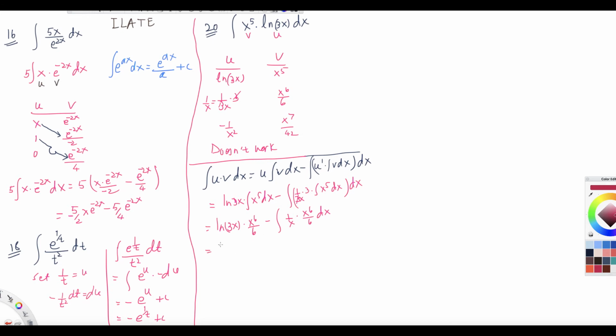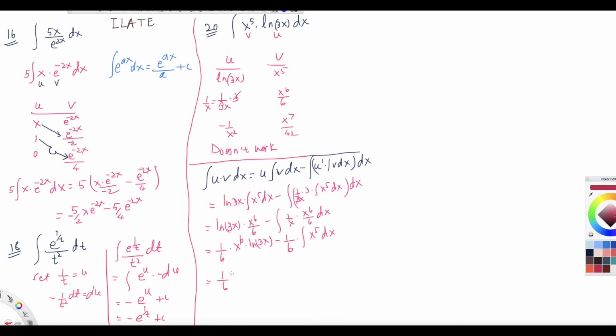Basically, let me write down 1 over 6 times x to the 6 times natural log of 3x. I'm just writing this in a little nicer way, minus 1 over 6 times, you see that x to the 6 over 6 will make x to the 5, but there is an integral sign, integral of x to the 5 dx. Okay, so keep working.